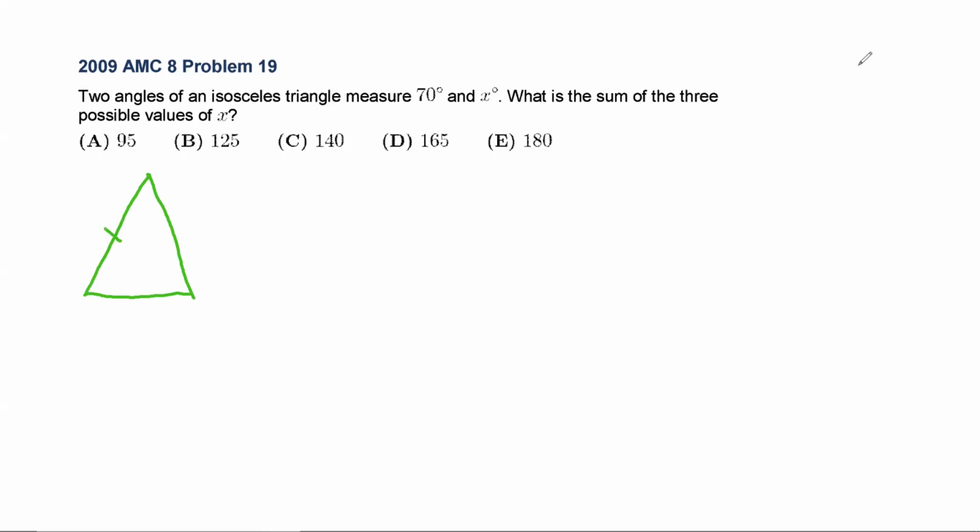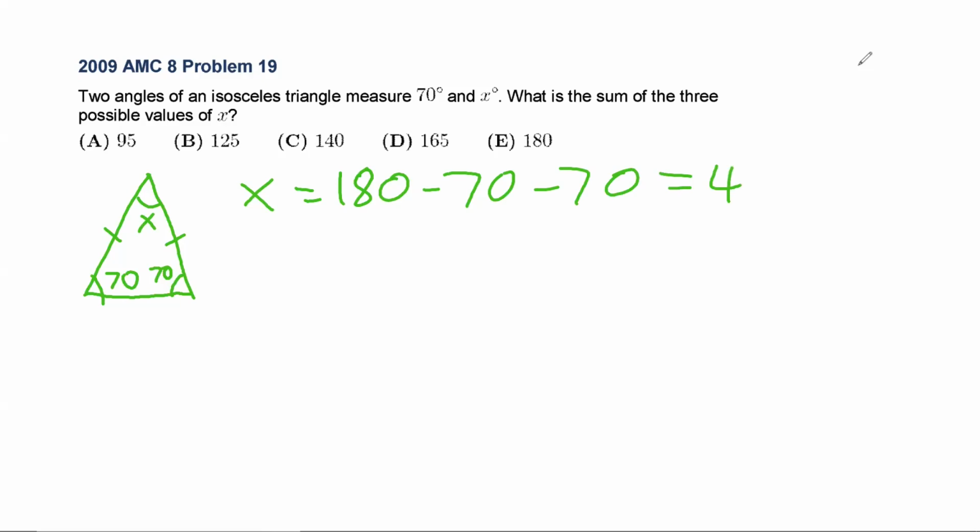To clarify, these two sides are equal. So that would mean that this is 70, and this is 70, and this is x. So that means that x is equal to 180 minus 70 minus 70, which is equal to 40 degrees. So that's the first case.